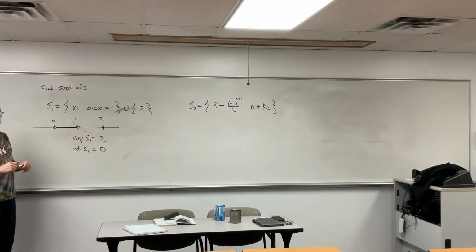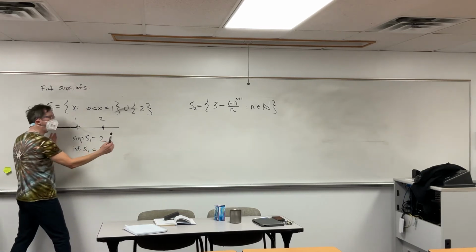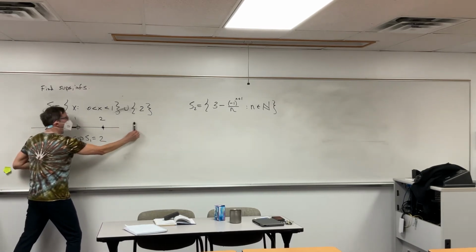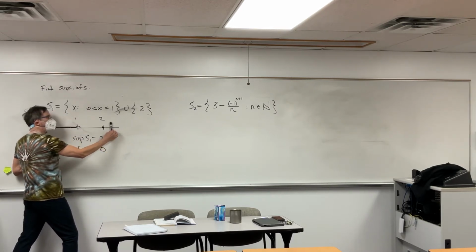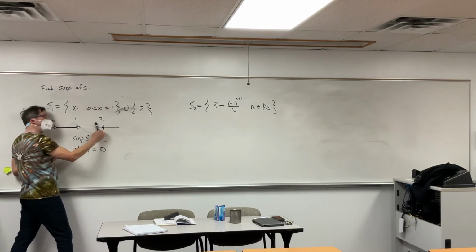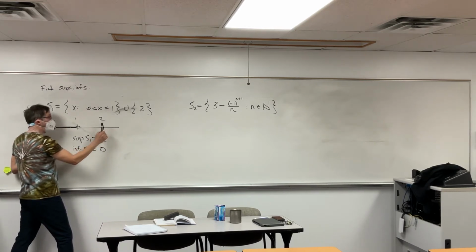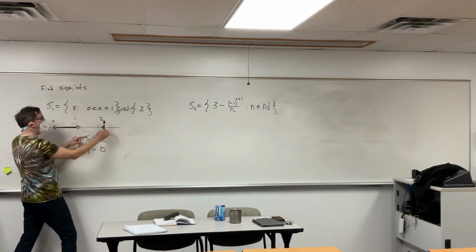One way to think about this, once you have a picture, if you're having trouble visualizing what's happening: for a sup, if you can get a decent picture, and sometimes this would be misleading, just approach from the right and look for the stopping point. As soon as you spill into the set, you've gone too far. Now, in this case, the sup is actually in the set.